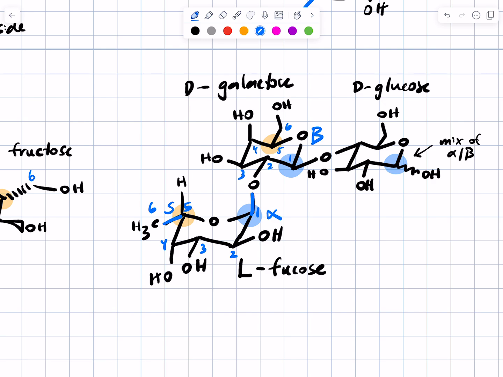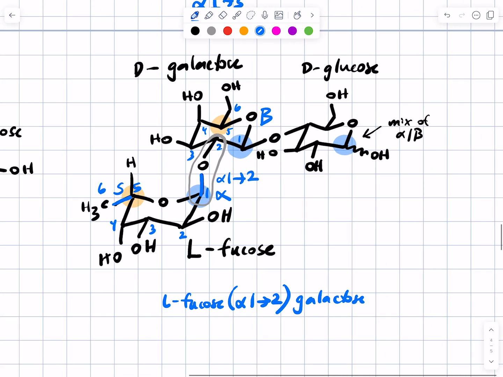Okay, good. Now let's describe the glycosidic linkages between the carbohydrates. We've already got part of it here. It's alpha 1, and then what's the other number? 2. So if I wrote L-fucose with alpha 1,2 in parentheses, and then I wrote galactose, what would need, and then something in parentheses, and then glucose, what would I need to put here?